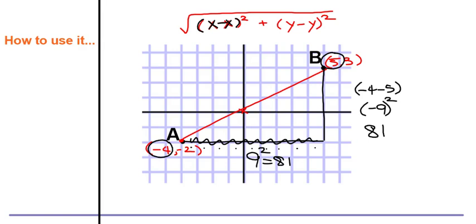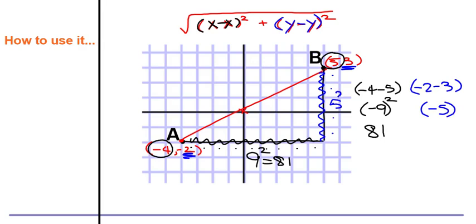Then what we're going to do is the same thing with the y's. So we can count these spaces, 1, 2, 3, 4, 5, or in the y direction we can subtract like we have in our formula, and that would be using the other 2 numbers in our points, -2 minus 3. -2 minus 3 gives me -5.